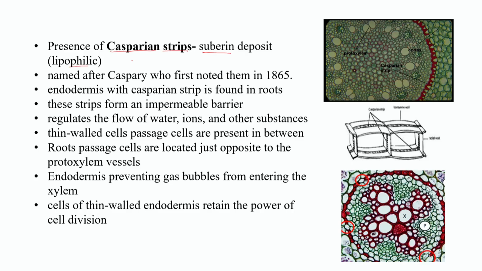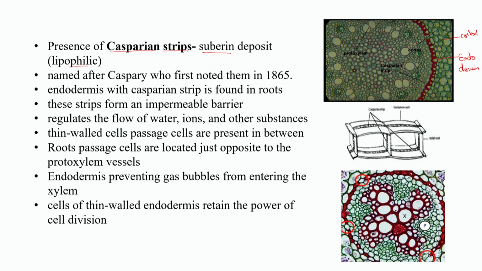Now, suberin is a lipophilic compound, that is, water insoluble. In this figure you can see an image where this is the cortex, and in the center you have vascular bundles, and this is the endodermis.